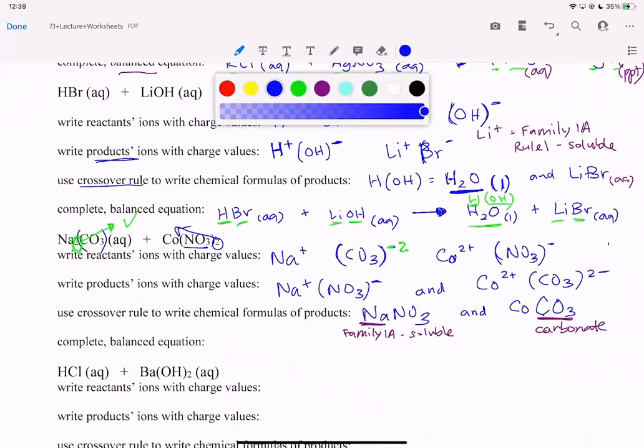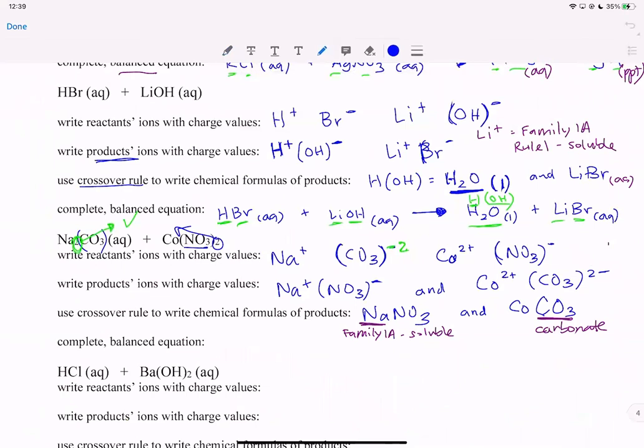This is going to be the physical state PPT, compared to the NaNO3, AQ. Soluble is AQ. So writing the complete balanced equation, you take the reactants just as they were given. So rewrite Na2CO3, AQ, and Co(NO3)2, AQ.